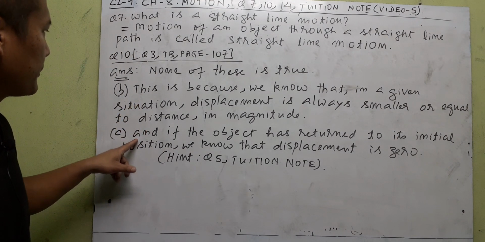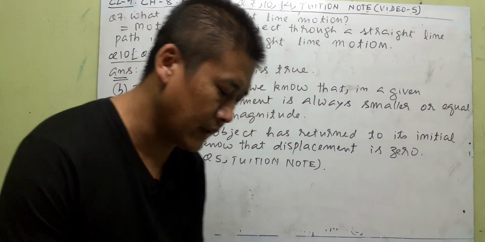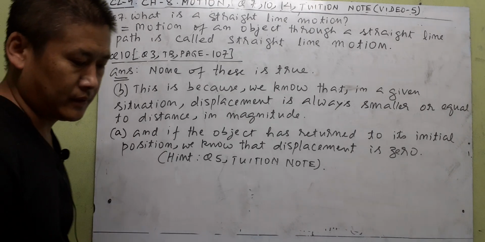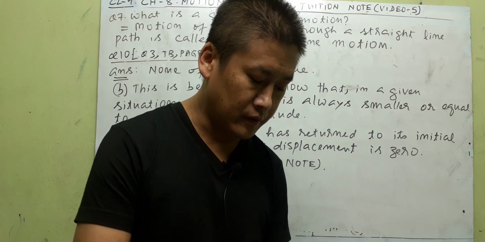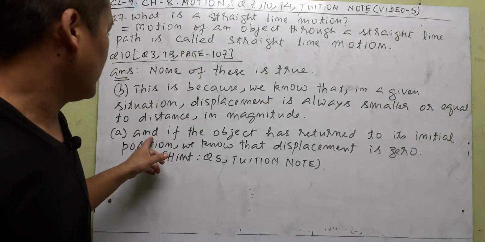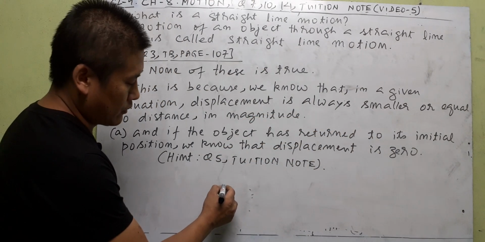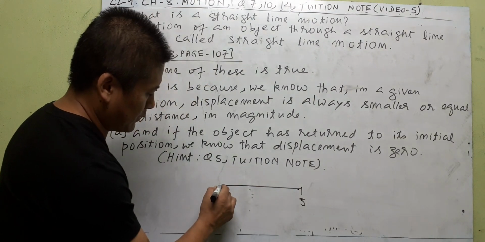And the second point is A. Their question is saying displacement cannot be 0. But we learned in our previous classes that displacement can be 0 when the object has returned to its initial position, like Rocco swimming from here to this side 5 meters and then coming back to the starting point.